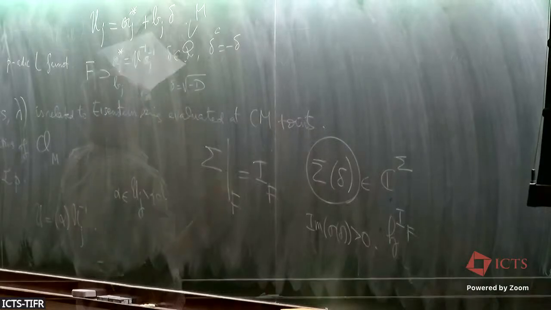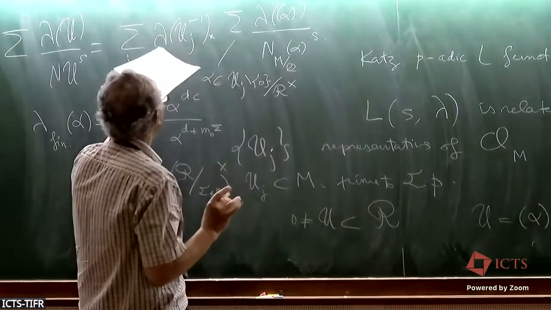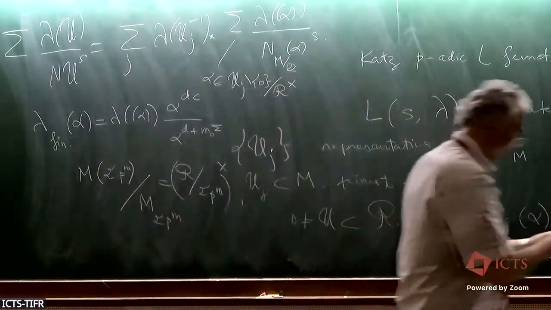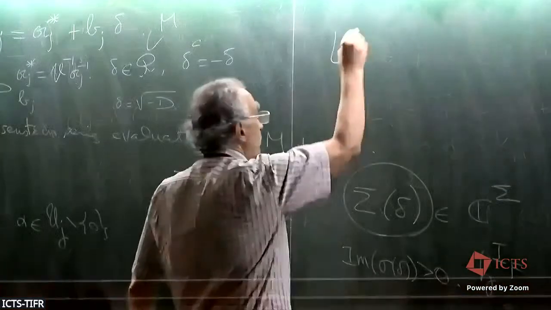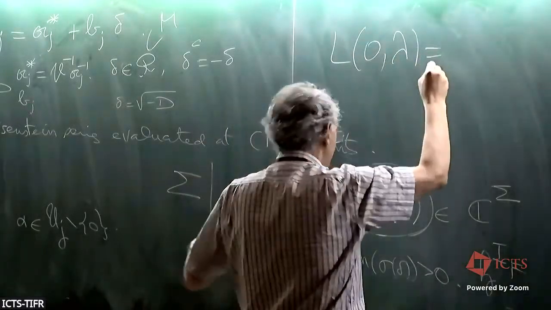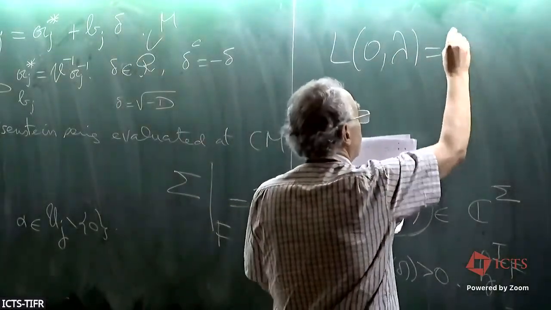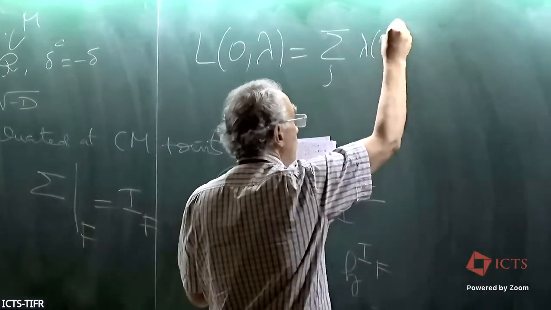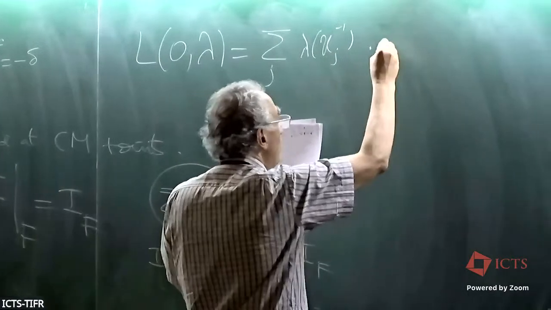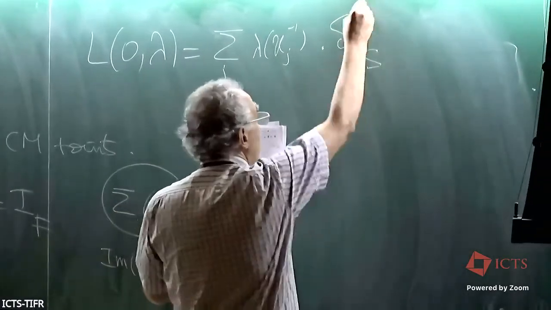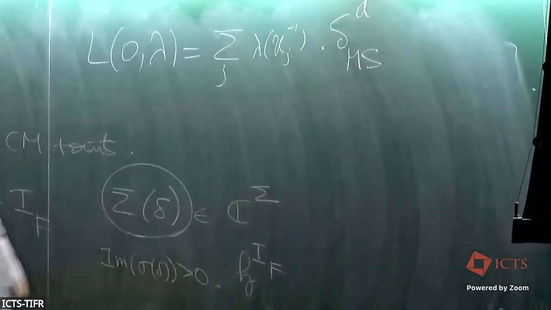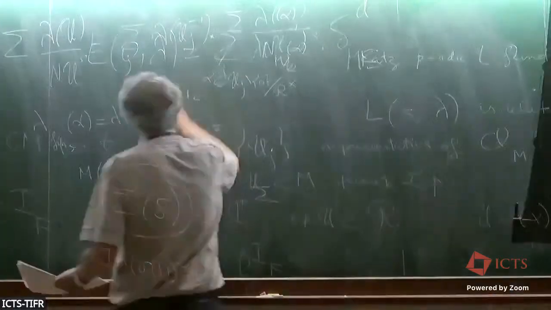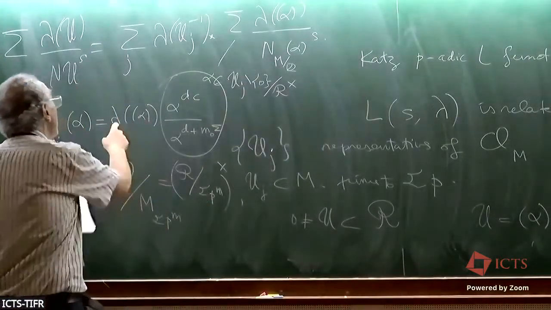So after some calculation, a very little calculation, you can see that L0 lambda can be viewed as a finite sum of these lambda aj minus 1. Then you will have the Maass-Shimura differential operator to the d. It comes from this factor here, which has to come if you want something of finite order.